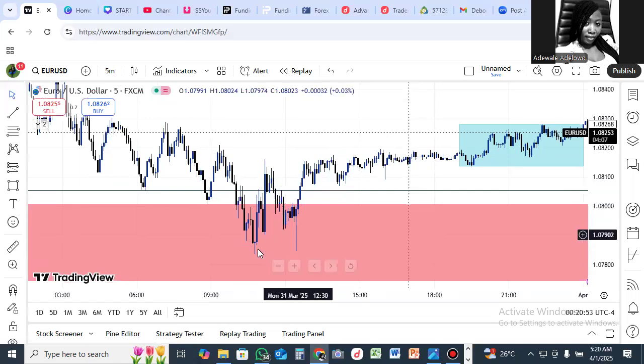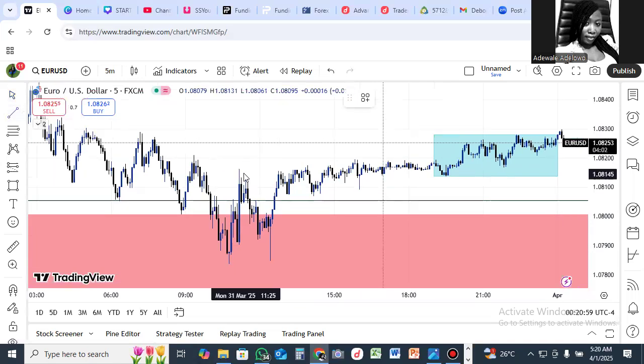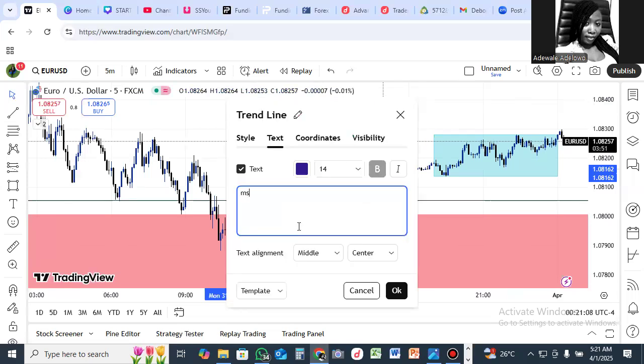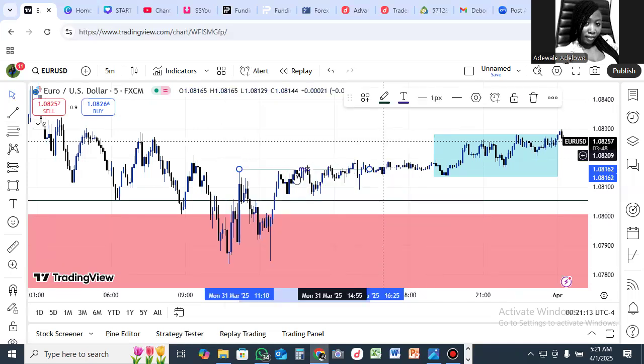It's supposed to take out this low, but it didn't. So there's a market structure shift right here. Market took out this last high in a jaggy, consolidating manner, but that's a market structure shift, guys.